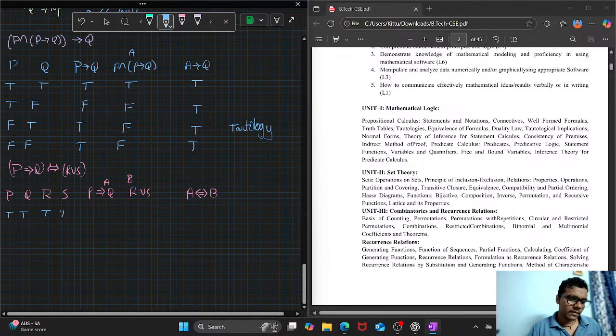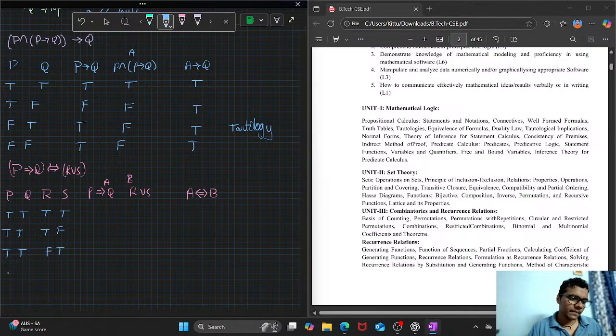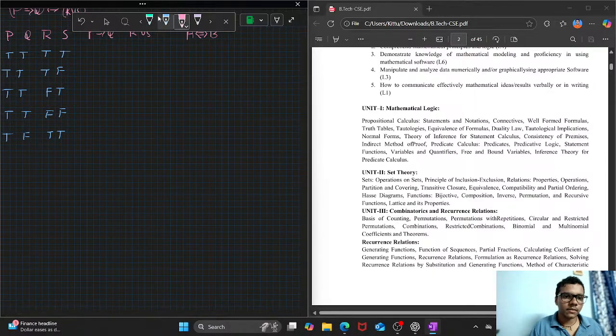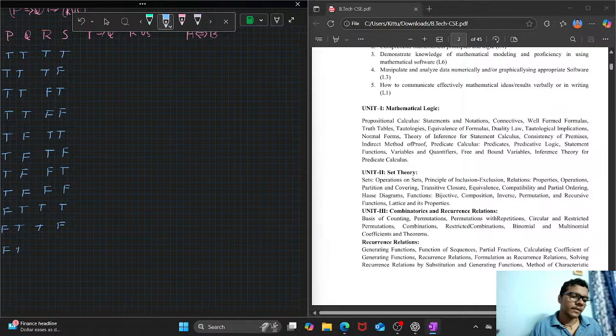So we fill in the truth values for P, Q, R and S. Right, it's just like writing binary numbers. Once you understood the sequence, it's pretty easy to do.